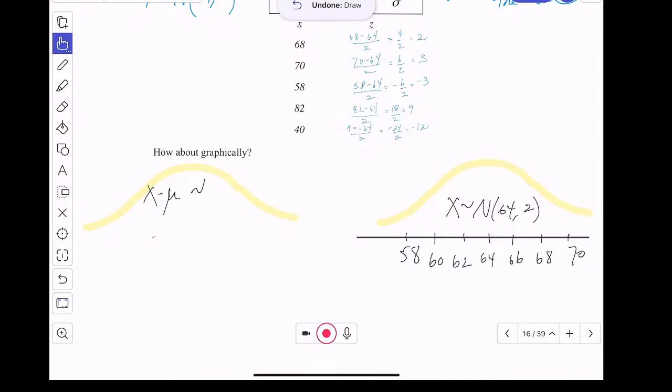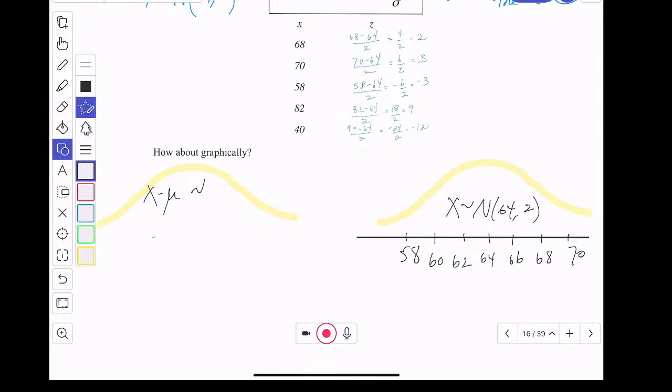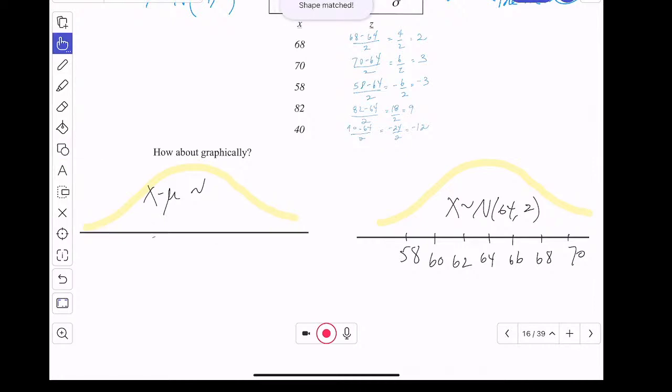What just happened? Now I've shifted it over so that every value is subtracted by 64. If I take 64 minus 64, this puts me at 0, right? If I take 66 minus 64, that leaves me 2. If I take 68 minus 64, that gives me 4.